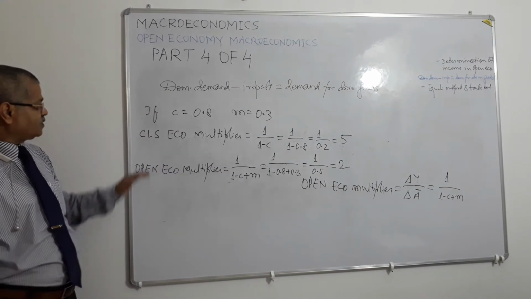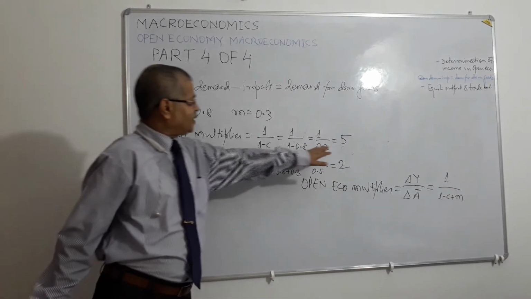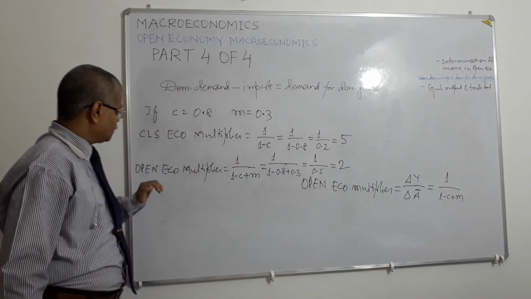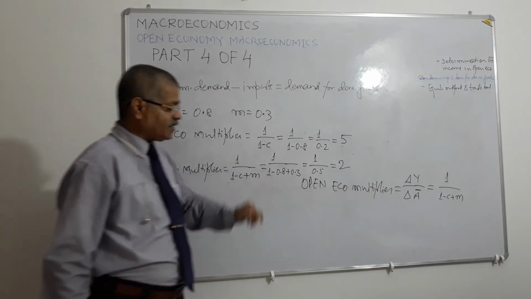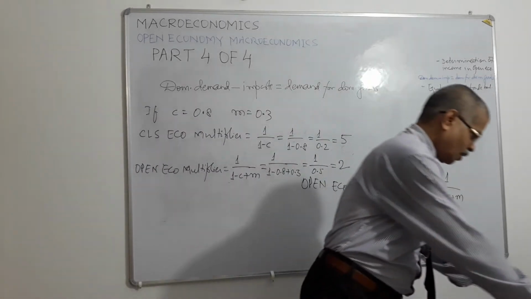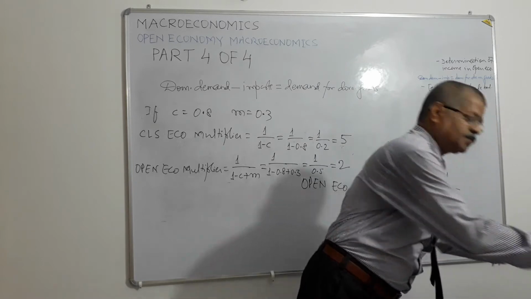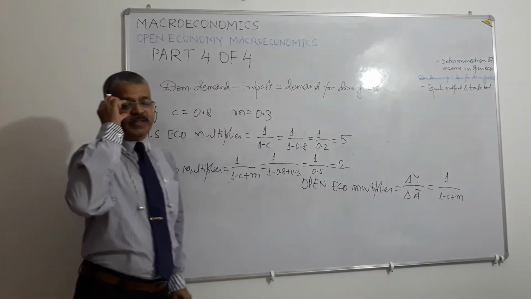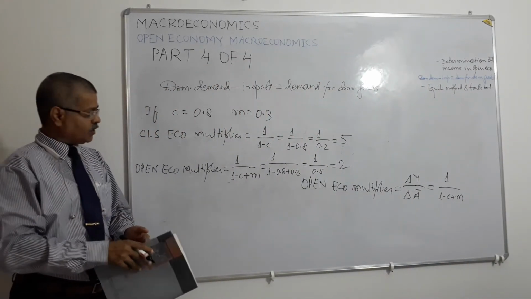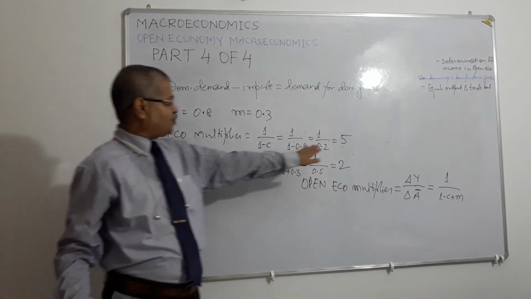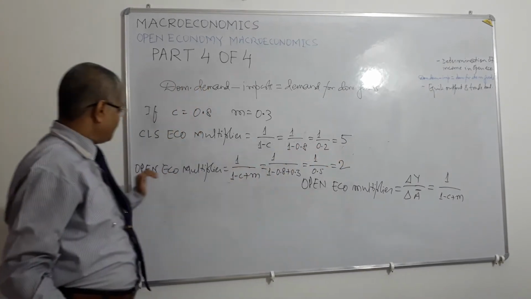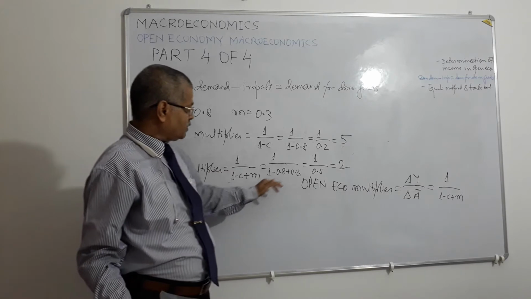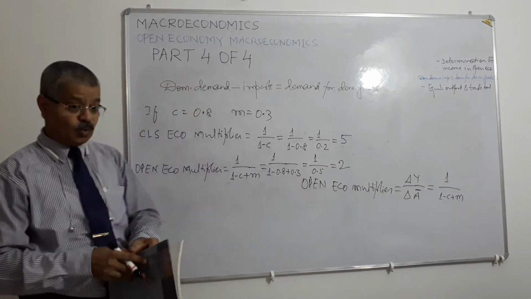So you will notice the closed economy multiplier is 5. The open economy multiplier is 2. Why? When the economy is closed, the multiplier is higher, 5. When the economy is open, the multiplier is lower, 2. Why?